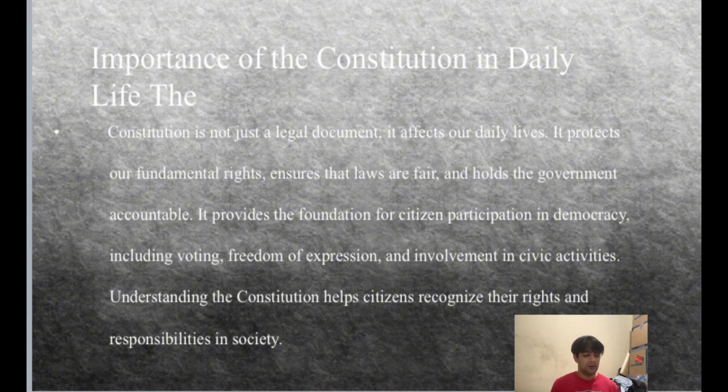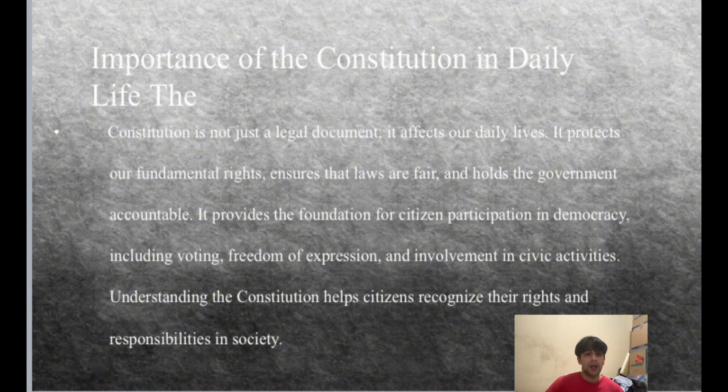It gives you the assurance and a safety net as a citizen, because it protects you, everything is fair and reasonable, and people can be held accountable.